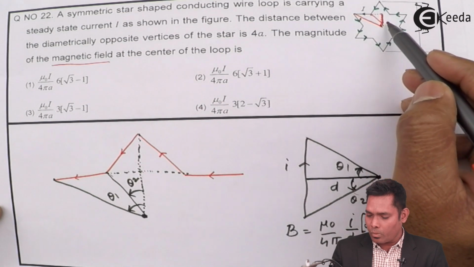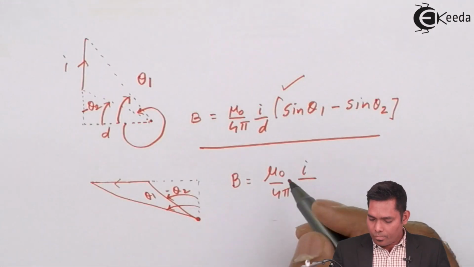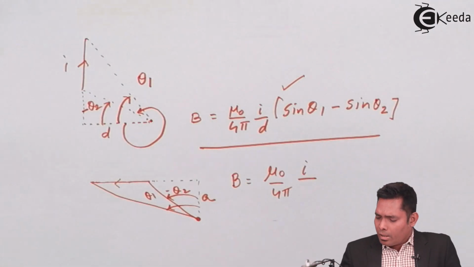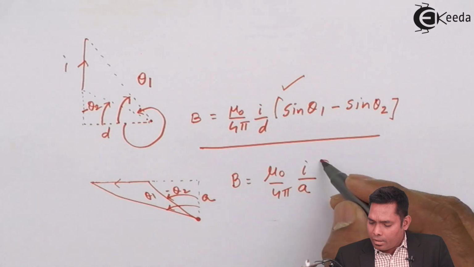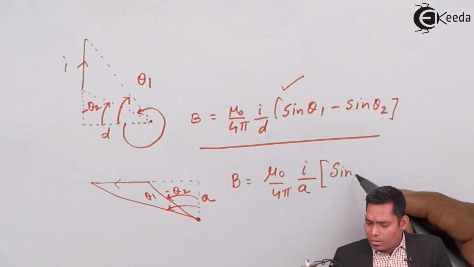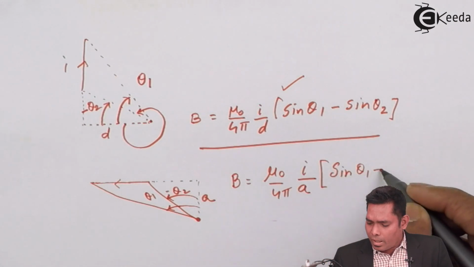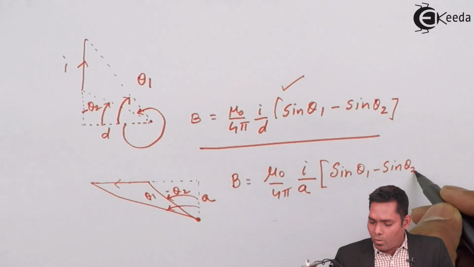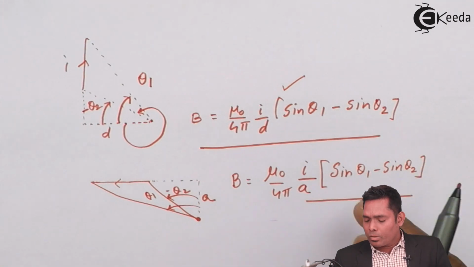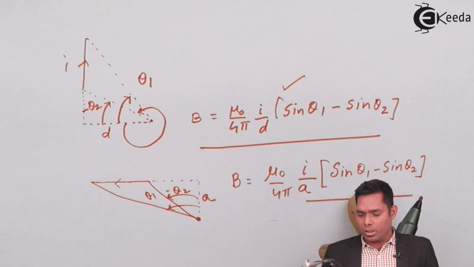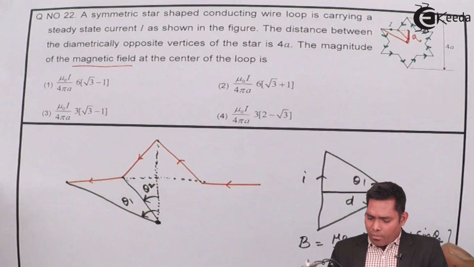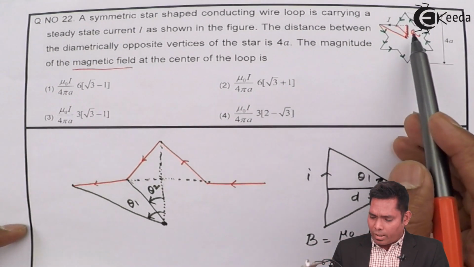This distance is a only. So I'll write a here: sine of theta 1 minus sine of theta 2. Now our aim is to find theta 1 and theta 2 and substitute here. What are theta 1 and theta 2 from this triangle?